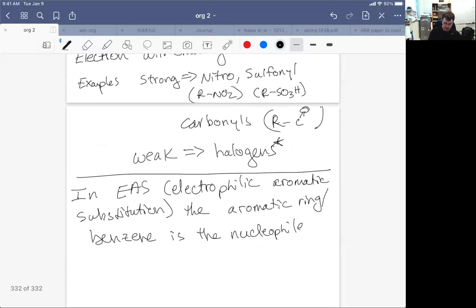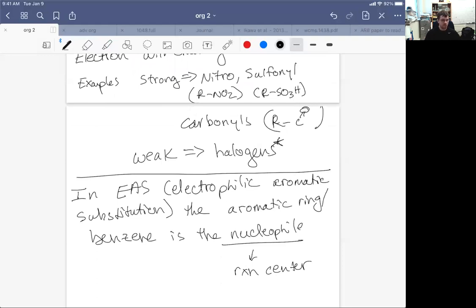And this is also our reaction center. Now, this is going to guide our thinking as we understand the influence of an electron donating and an electron withdrawing group on our benzene ring.